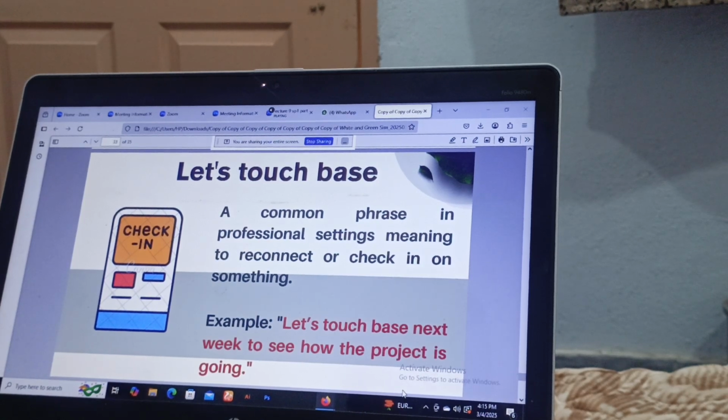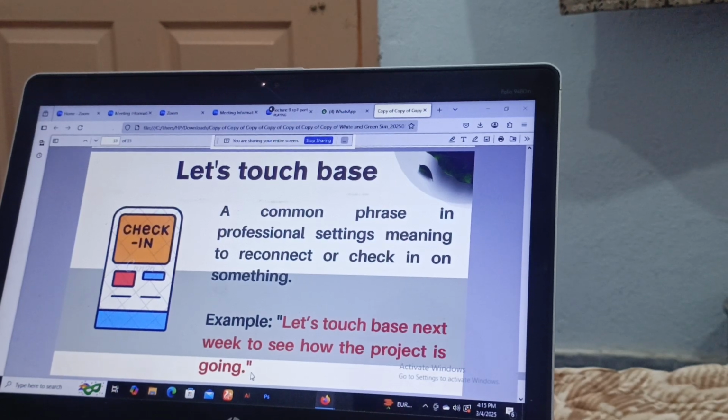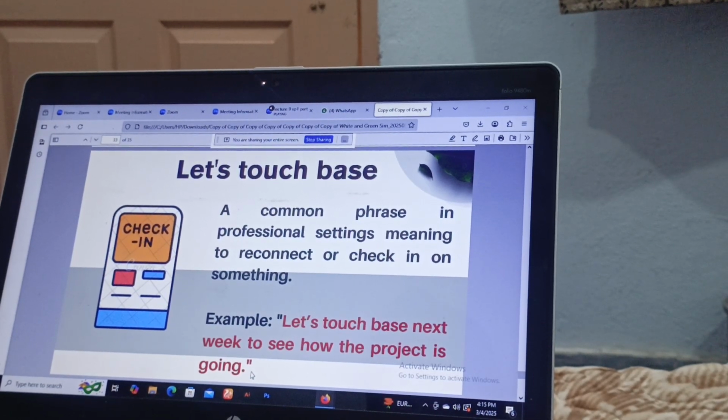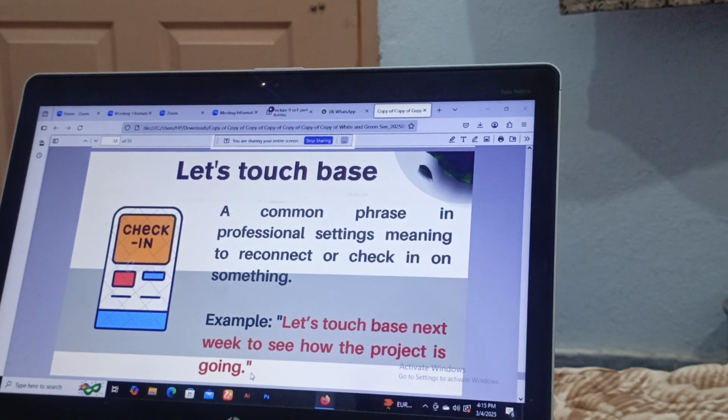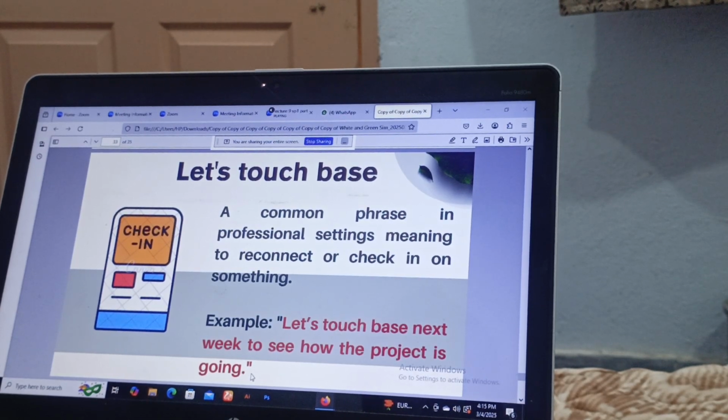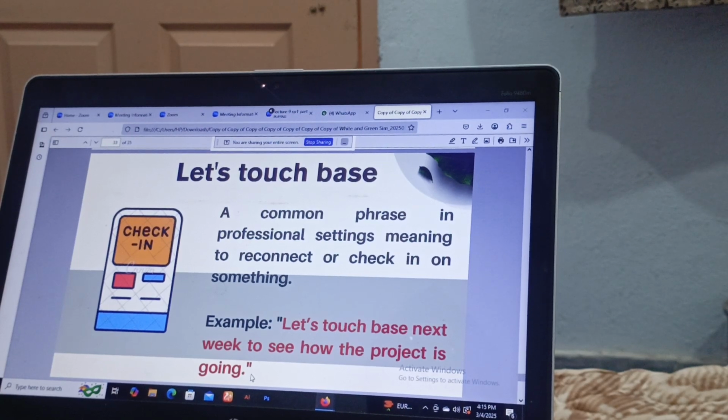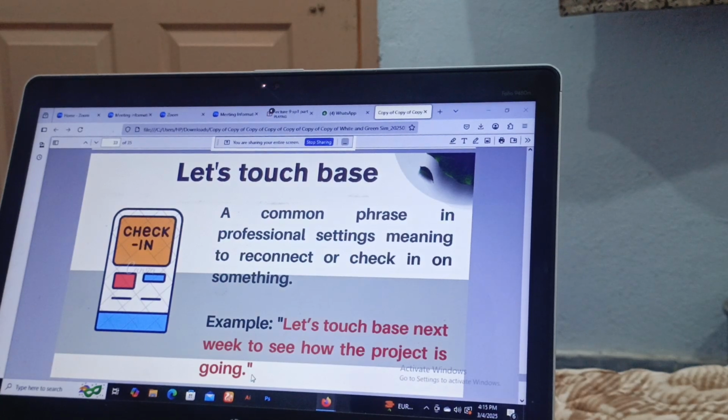For example, here they say let's touch base, and after this phrase, they say next week to see how the project is going. This extra information completes the meaning, so if the listener doesn't know the phrase, they would get an understanding. So sometimes it's better to use the phrase with other additional words or sentences instead of using it alone, right? Okay, ma'am. Good.